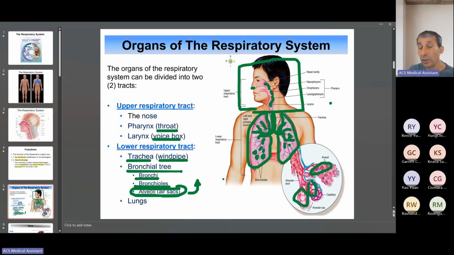The alveoli or air sacs, this is the place where air exchange happens. It's not in the trachea, it's not in the bronchioles, it's not in the bronchi, it's not in the larynx, no. The gas exchange happens at the end of all these respiratory structures that is called the alveoli.